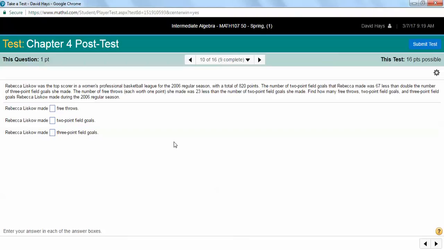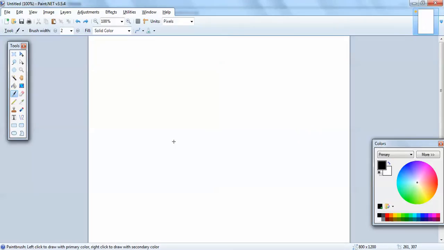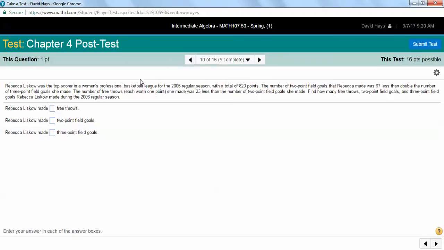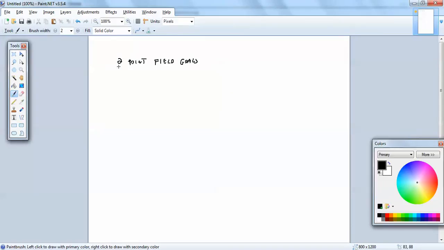Rebecca Lobo was a top scorer in women's professional basketball in 2006 with a total of 820 points. The number of two-point field goals Rebecca made was 67 less than double the number of three-point goals she made.